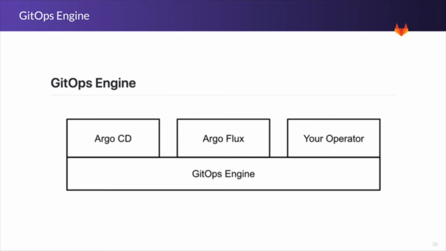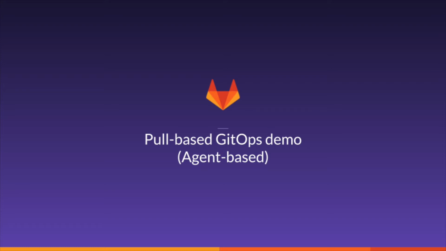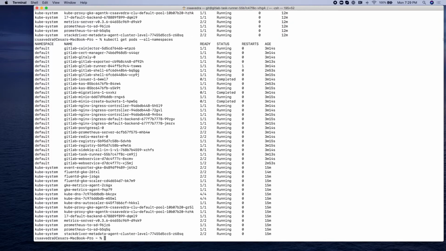We use the GitOps engine open source project for this implementation. And the Argo CD folks and the Flux folks came together, and they are now collaborating in this new GitOps engine project. So let's go over what we call the pull-based GitOps demo.